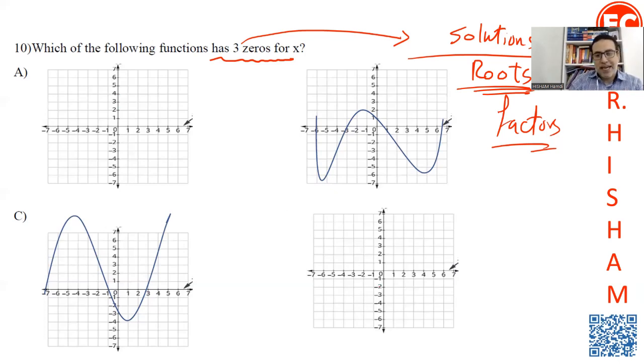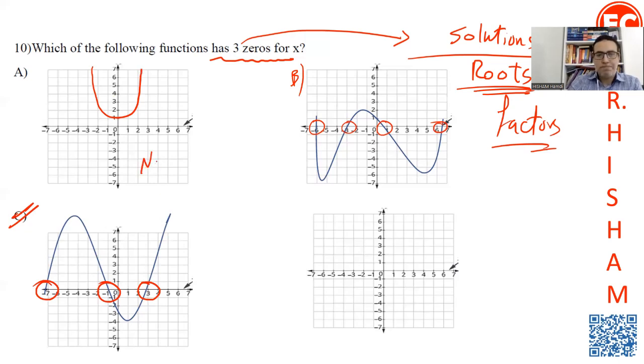Mr. Hisham, for number A and D, the graph is not clear, so we are going to add our own graph. In this case, I have 1, 2, 3 intersection points. So the answer is C. How many solutions for number B? 1, 2, 3, 4. 4 solutions. But what if the curve is like this?